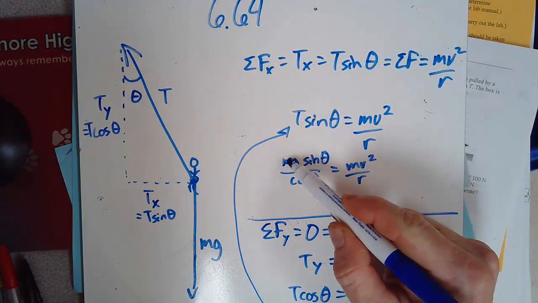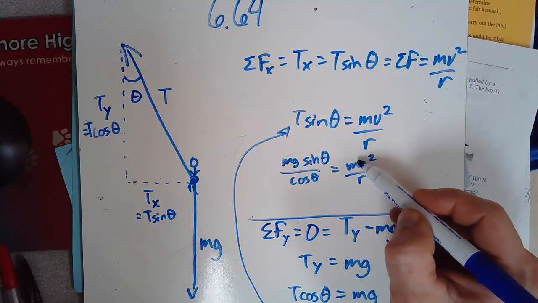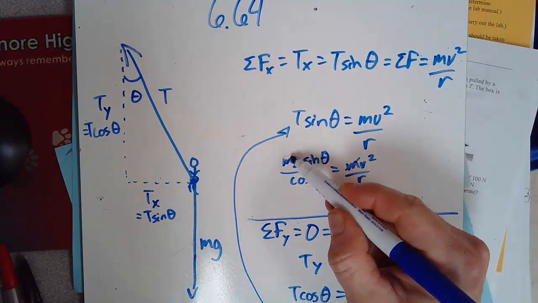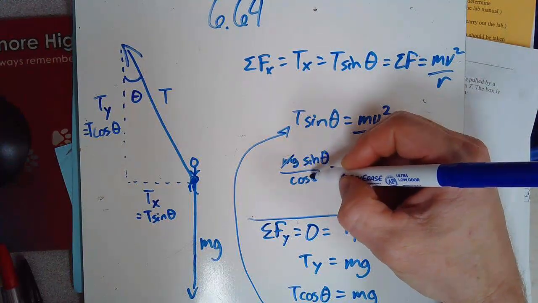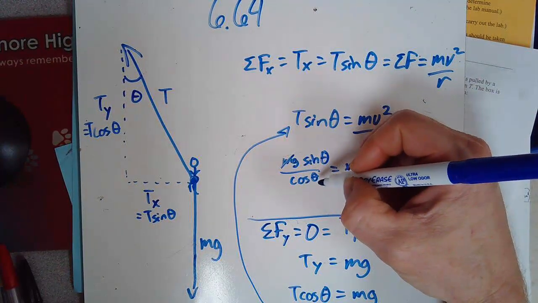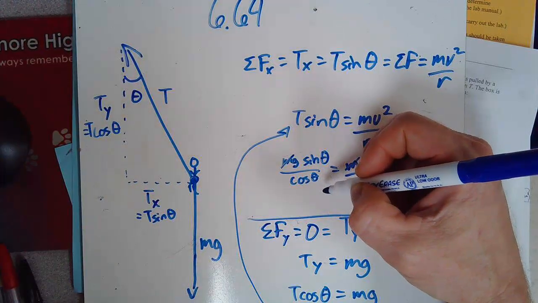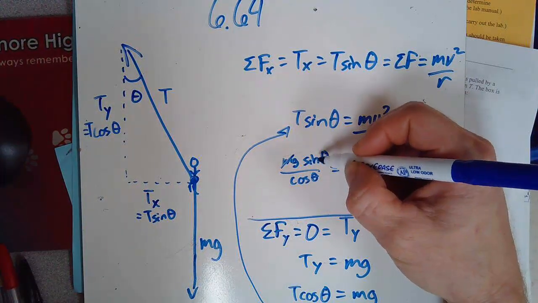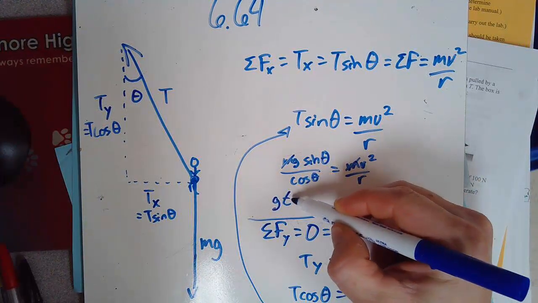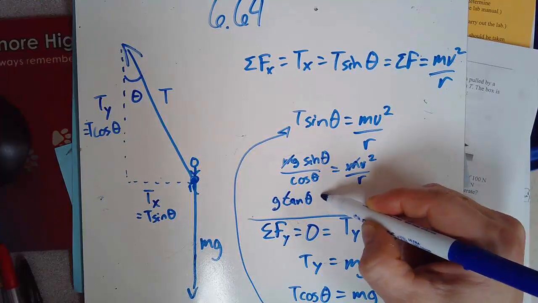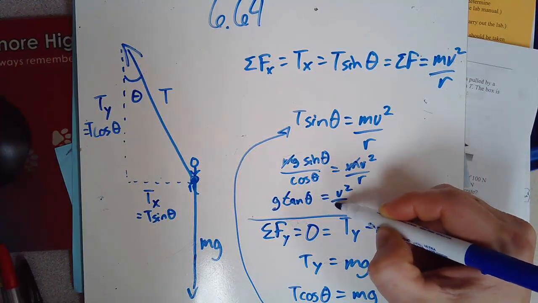Notice that we have m on both sides. If we divide both sides by m, the m's will cancel out. That leaves us with g sine theta over cosine of theta. A very simple trig property to remember is that sine theta over cosine theta equals tangent of theta, and that equals v squared over r.